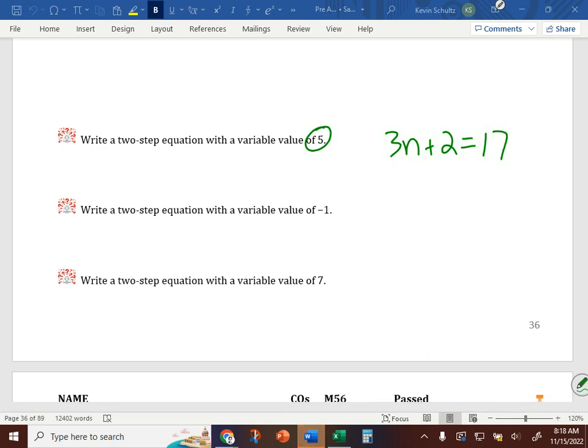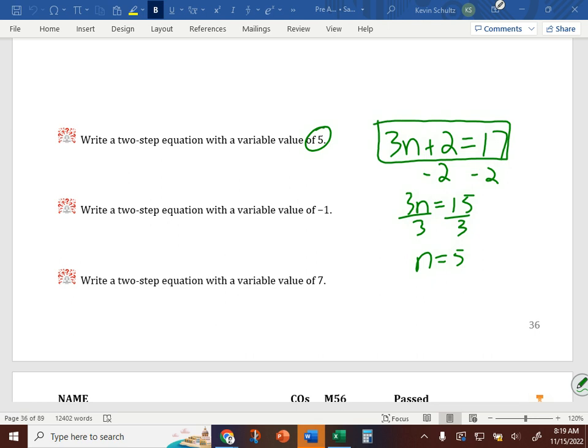Because when I solve this, subtract 2 from both sides, 3n equals 15, divide by 3, n equals 5. That's what I'm looking for here. You need to write a two-step equation so that when I solve it, your variable will equal 5.